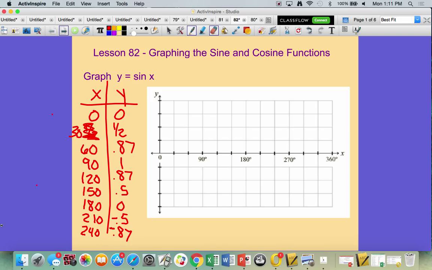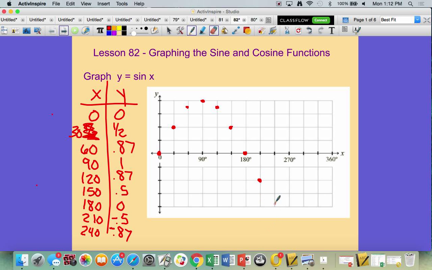And then you might say, well, that's the same pattern that we have here, it's just reversed. Instead of being positive, it's negative. And you would be right with that. So we've got 0, 0, 30 and 1/2, 60 and 0.87, so about there, 90 and 1, and so on.